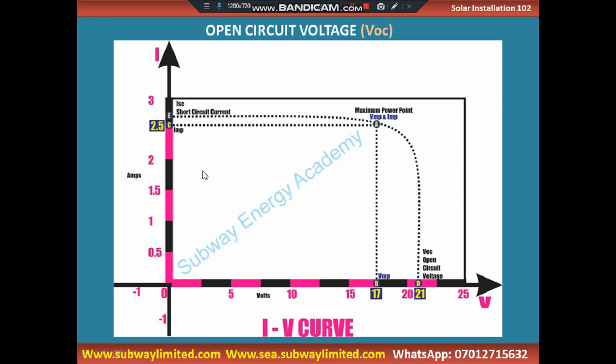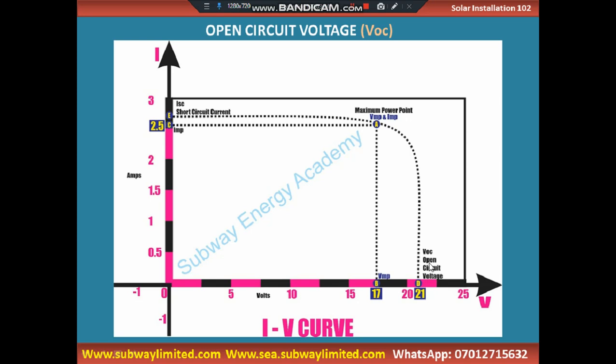Remember, we said that a 12 volt solar panel will always give you this range, and this is what you might likely have to be the open circuit voltage on the nameplate, and voltage at maximum power equally on the nameplate.